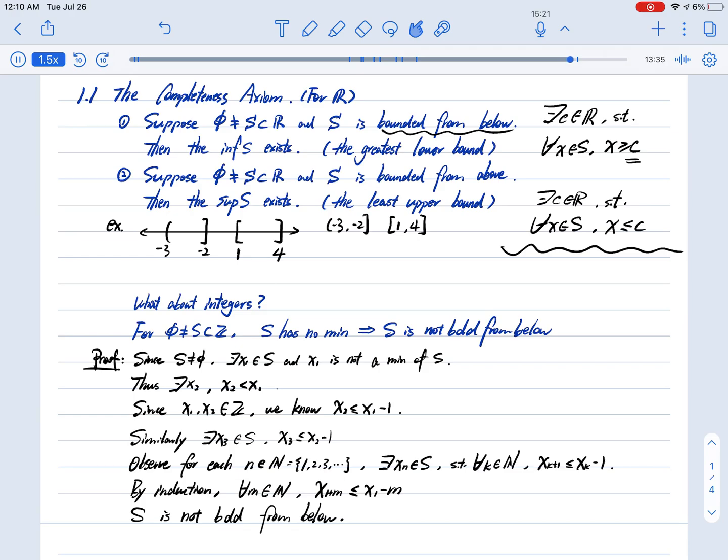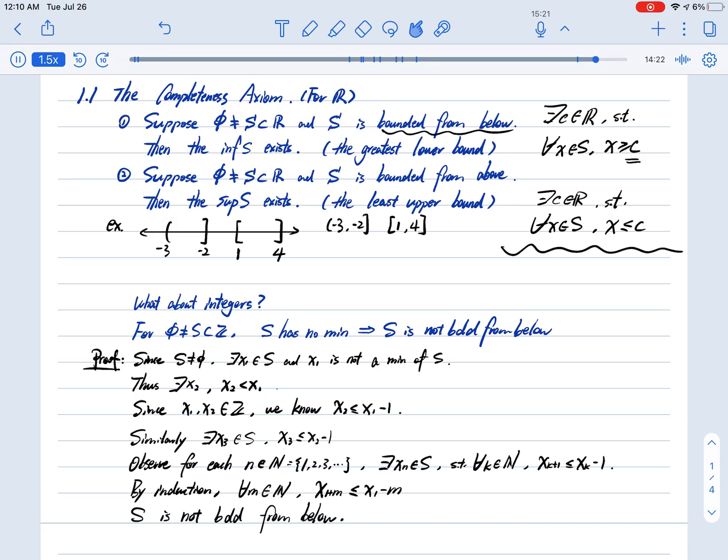Similarly, by the same reasoning, we can find X3 inside S that is smaller than or equal to X2 minus 1. If we keep going, we find a pattern: for any integer n, which can be 1, 2, 3, and so on, there is some x_n inside S such that for all k, x_(k+1) is smaller than or equal to x_k minus 1.